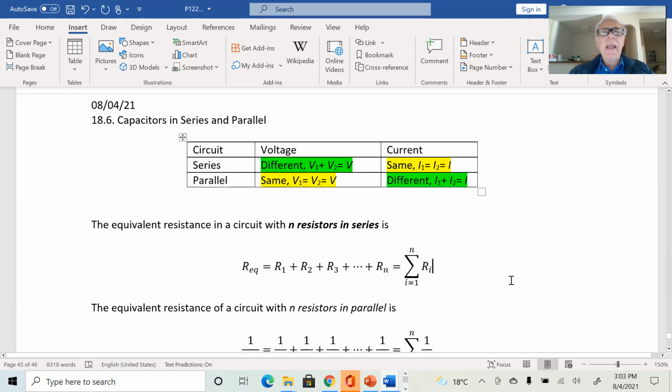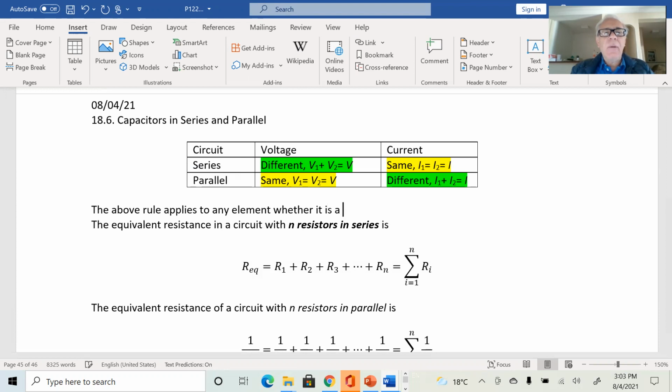The voltage was summing up for elements in series, and if you have elements in parallel, it's the current that's going to sum up. The above rule applies to any element, whether it is a resistor or a capacitor.